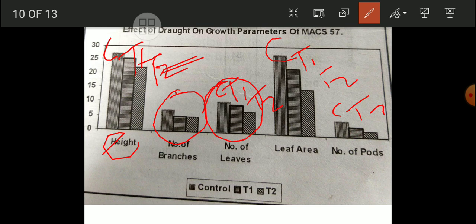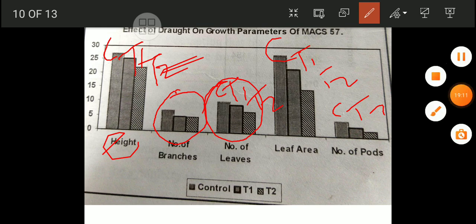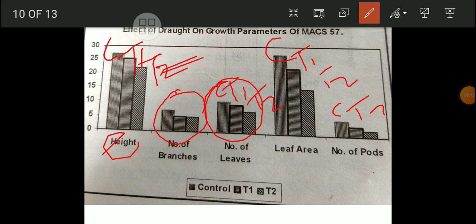So you have to keep in mind that here we have compared the two varieties for height, number of branches, and all these things with the help of multiple bar diagrams.